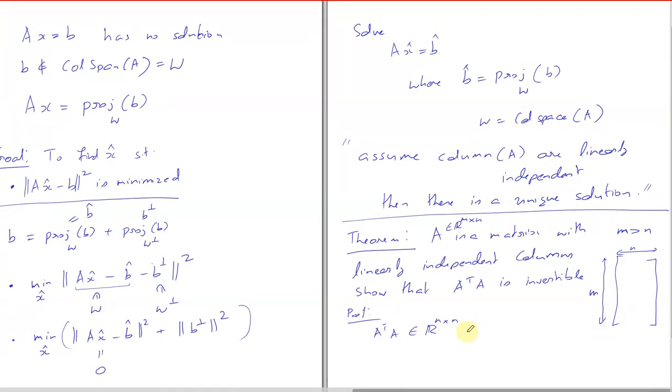Why is that? It's an n by n matrix, but the claim is that this matrix is invertible.